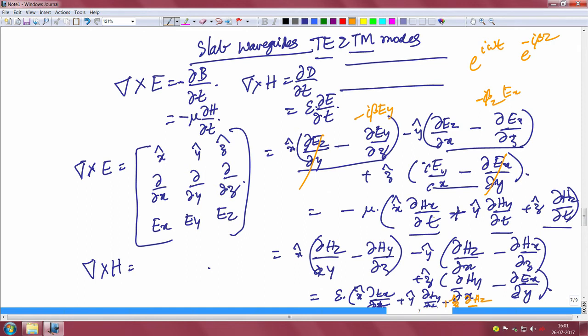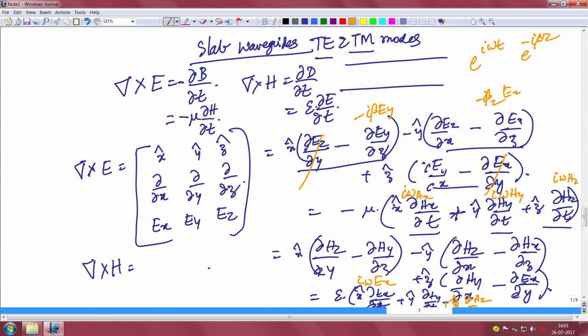Similarly, all the time components can be replaced with I omega variation, I omega Hy and I omega Hz. Similarly, here also I omega Ex, Ey and Ez. So, we will try to equate now.